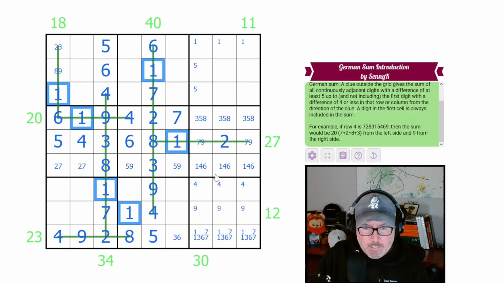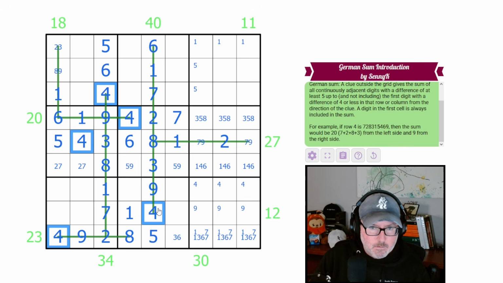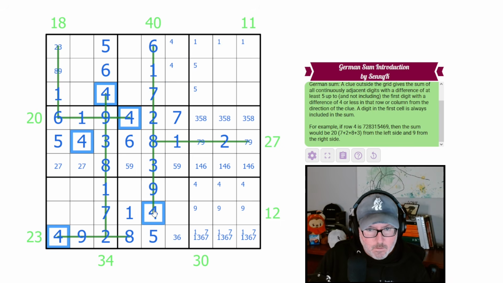I think that leaves those open. 2s, I don't think we really have anything there. 3s, we don't really have anything. One of those is a 4. One of these will be a 5.